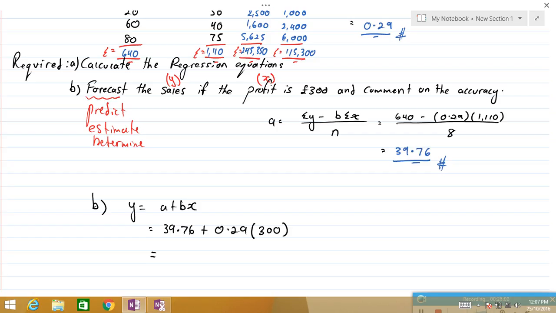How much do you get? That is from the question. Profit is 300. You put it inside the formula.